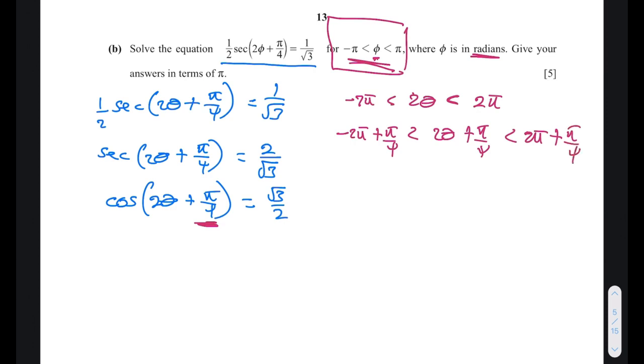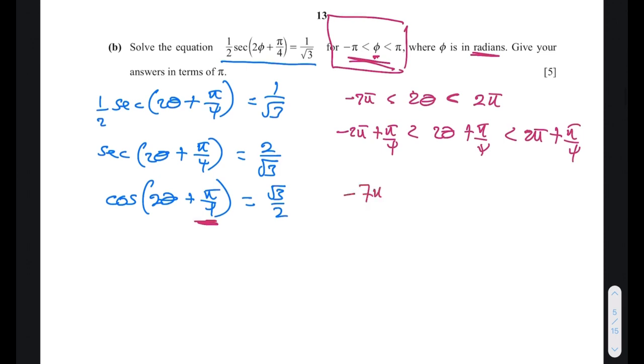All right, so let's simplify it. Negative 2 pi plus pi on 4 will give us negative 7 pi on 4, which is basically what? I like to write it down here so I know what I'm dealing with. We can just say negative 5.5, something like that.